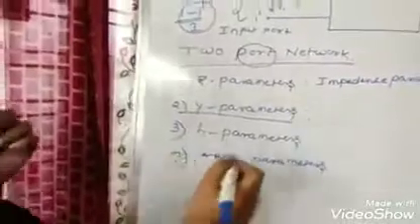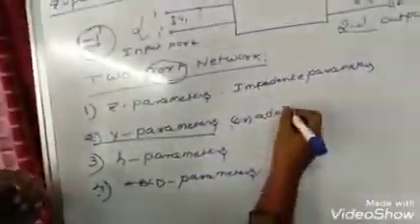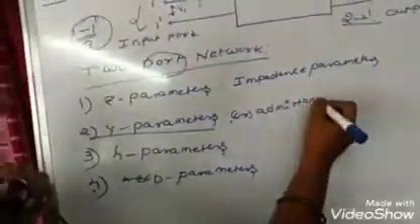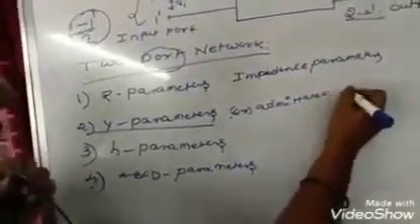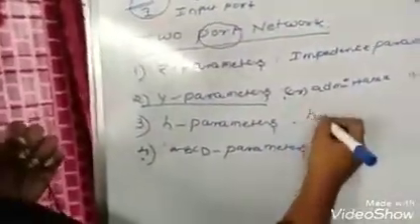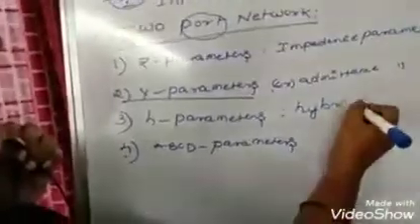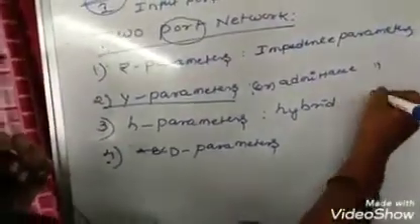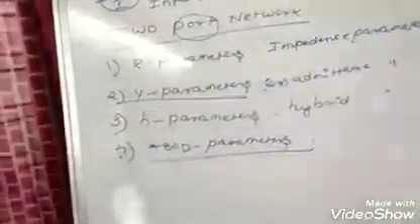Next is the Y parameters, also called admittance parameters. The H parameters are called hybrid parameters. Next is the ABCD parameters.